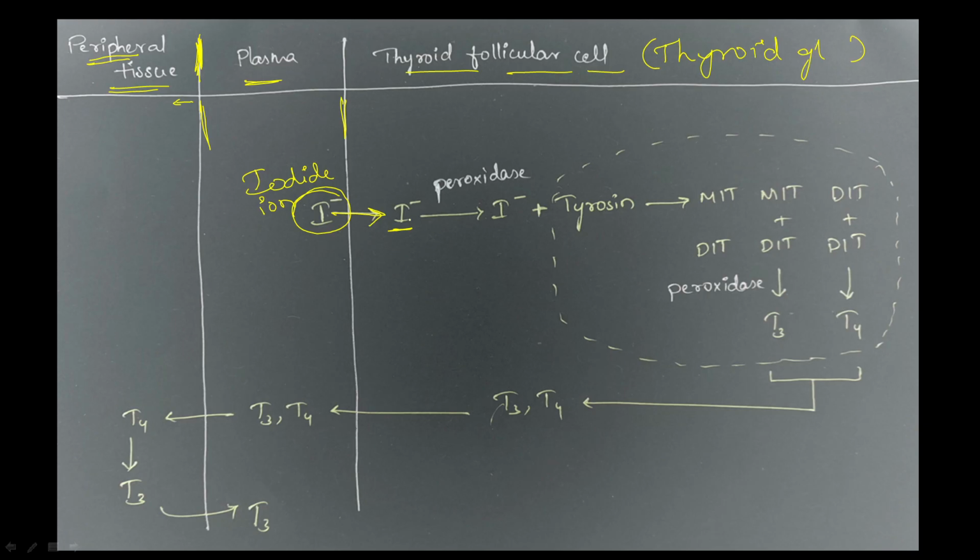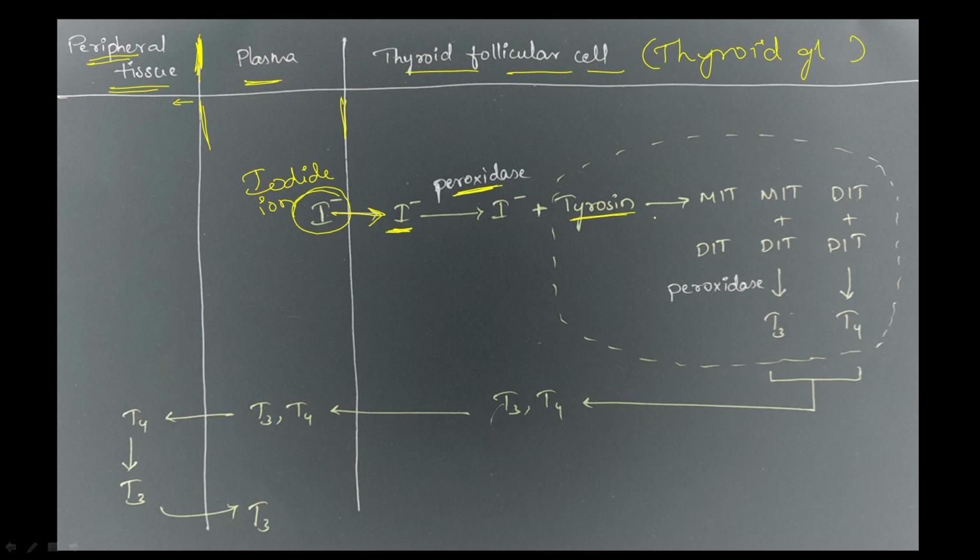And now this iodide which entered the thyroid follicular cell combines with thyroxine in the presence of an enzyme called peroxidase. Peroxidase is actually involved in reactions of oxidation. So this is the oxidation process.